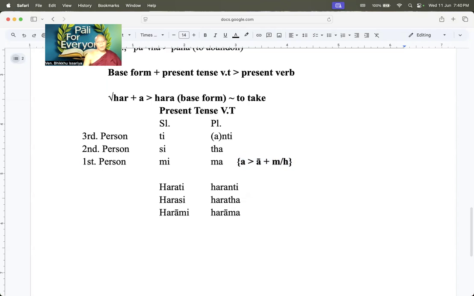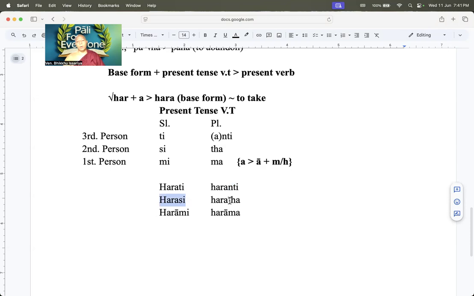So because of this di, haradi means he takes, or she takes, or it takes. Harandi means they take. And then harasi, you take.